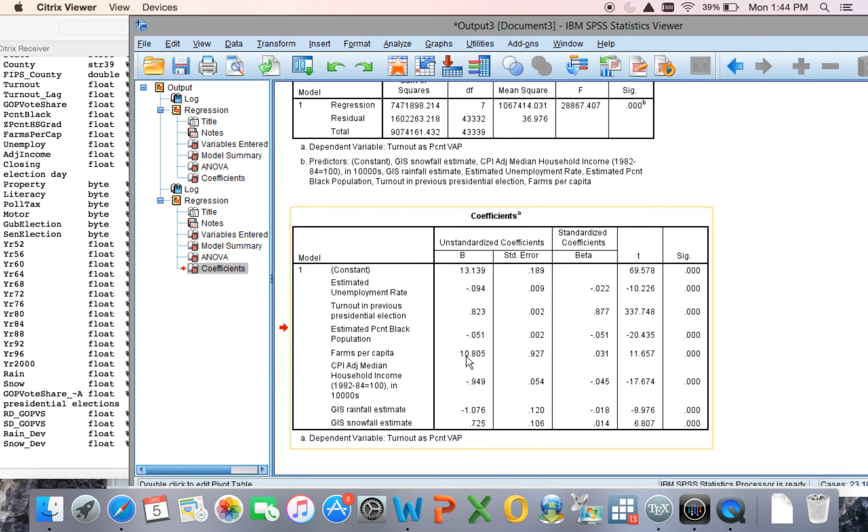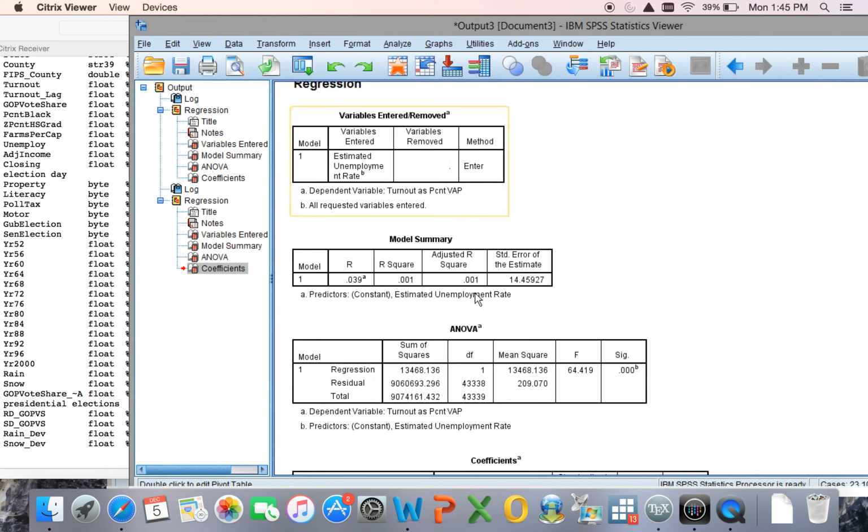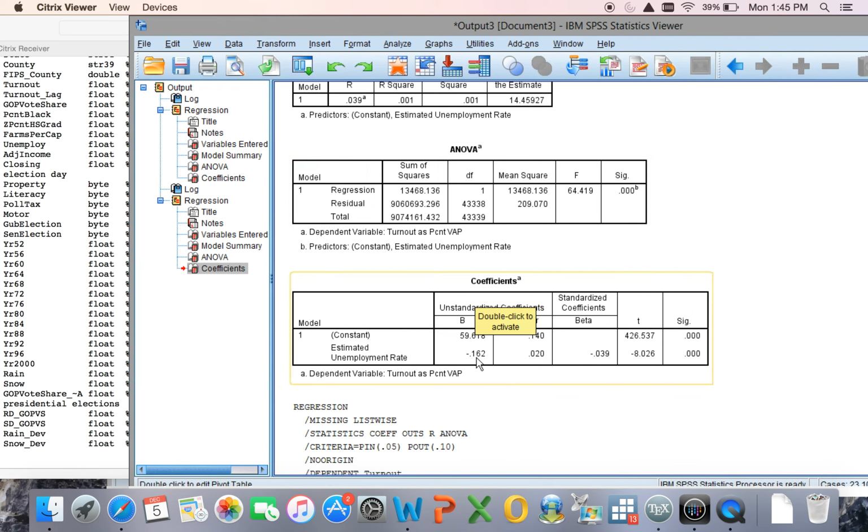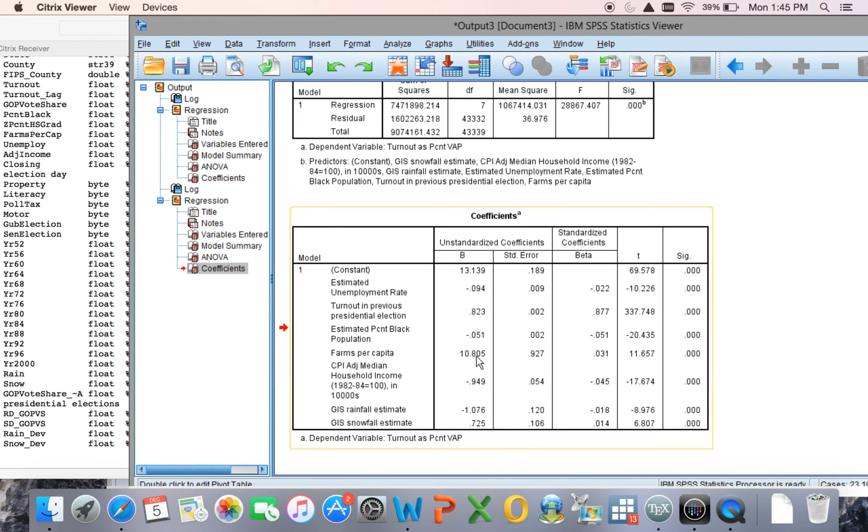So you can see what multivariate regression does, and why it's very important to include all theoretically interesting variables that could affect turnout, within reason and within data limitations, because the coefficients, the betas, will change based upon the variables that you put in. In our bivariate case, the effect of unemployment rate was a negative 0.162. When you add in all the other variables, it goes to negative 0.094, so a smaller effect.